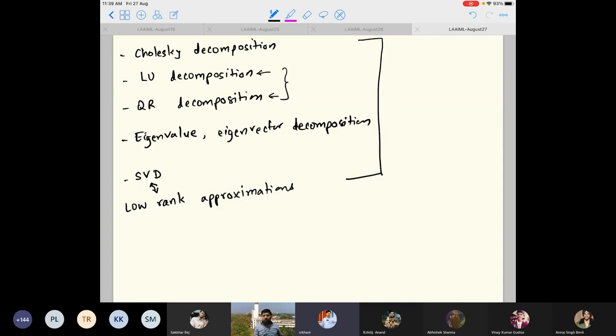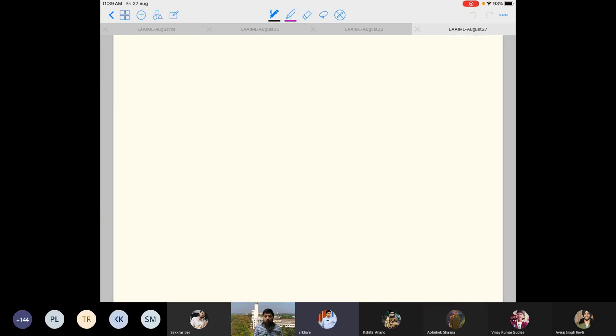Anything you want to say? Okay. In that case, we move forward and see how we are going to do this LU decomposition. Okay. So what I am really going to do is the following. LU decomposition.